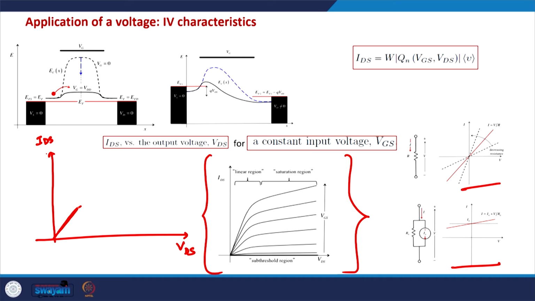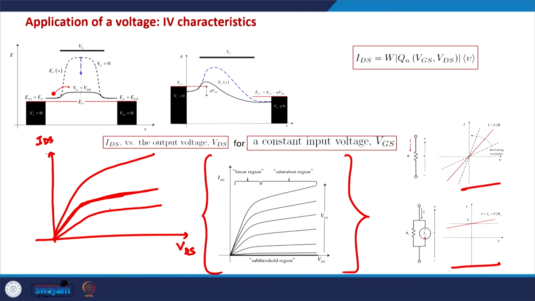For small VDS values, it will be linear, and as soon as the IDS becomes large, it behaves like a current source. So for different VGS values, this will be a different plot.